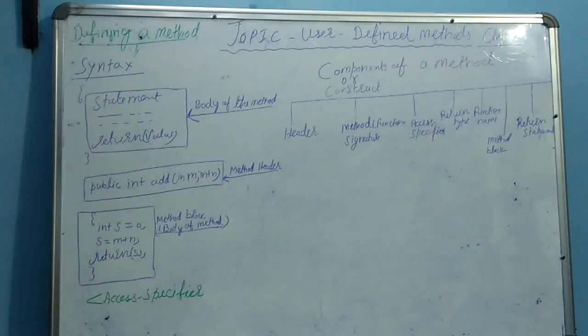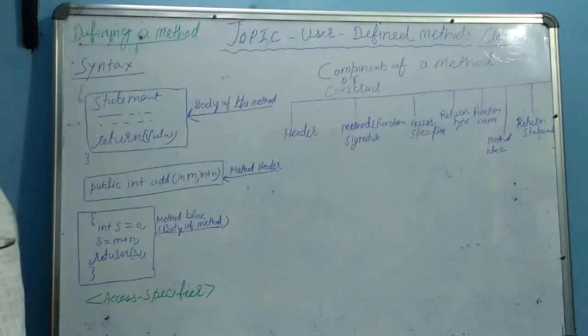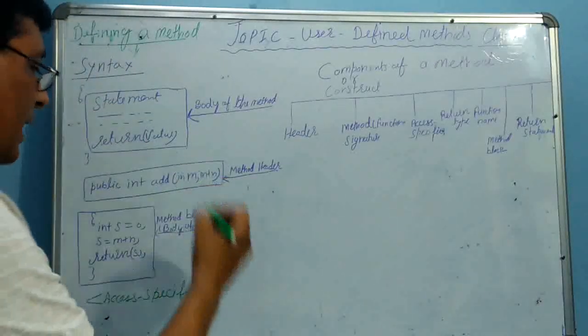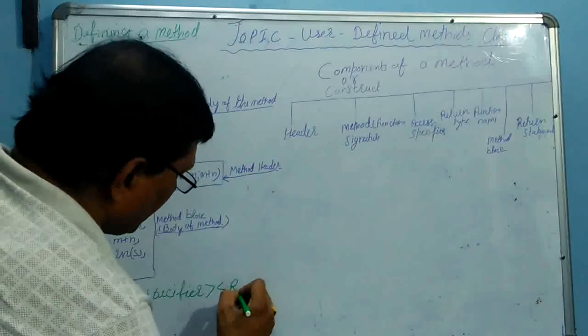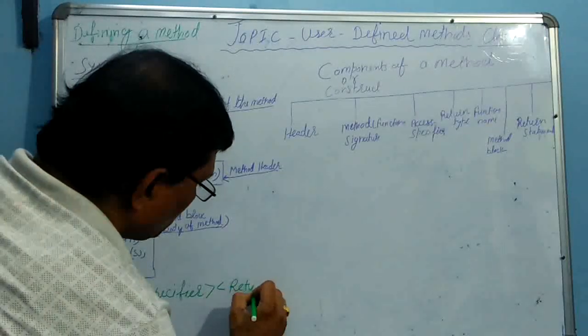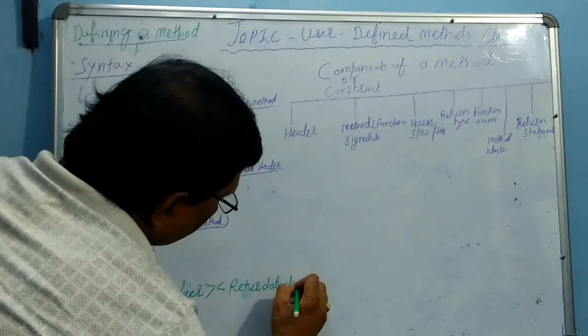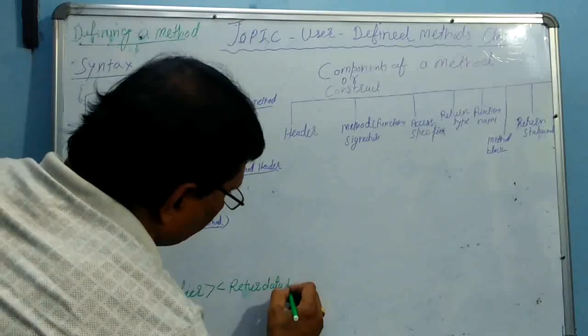Access specifier, and then after that return data type. You will write the return data type.